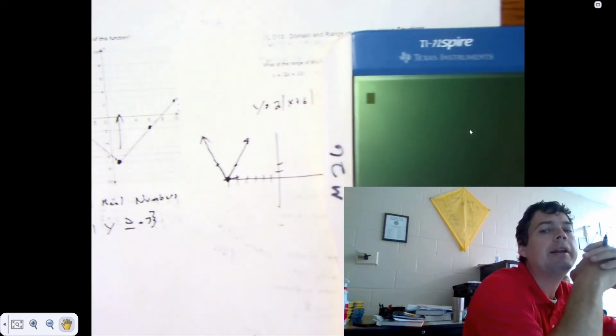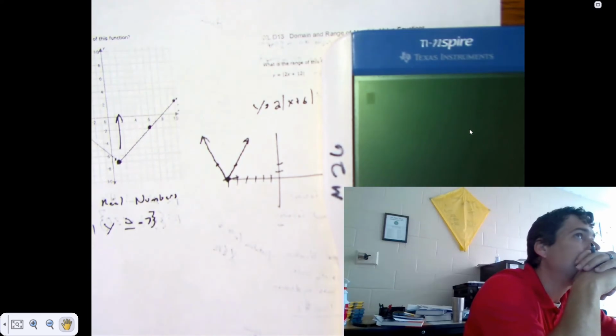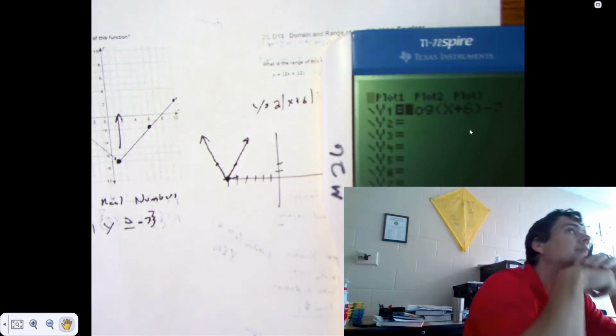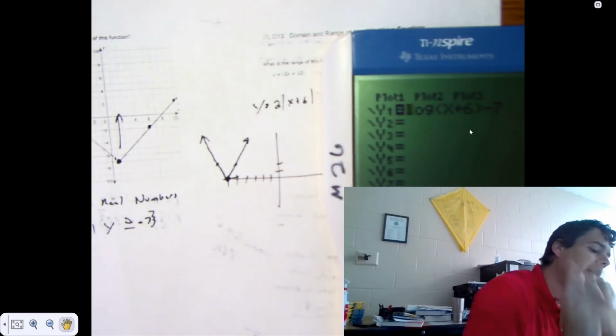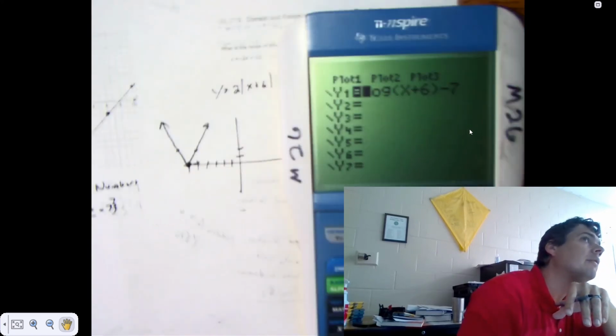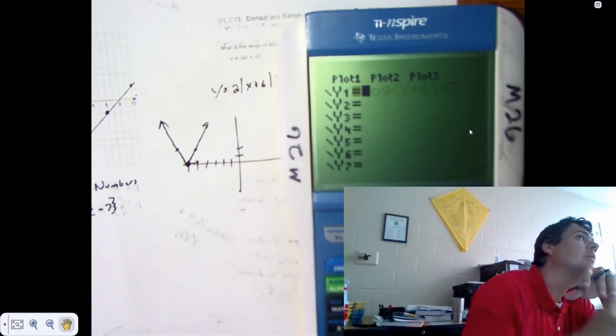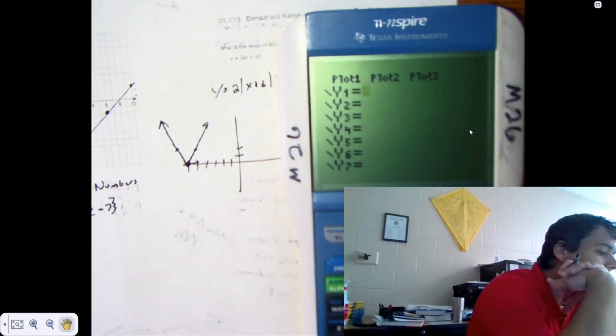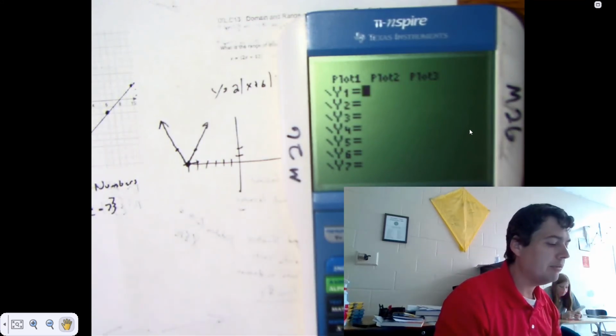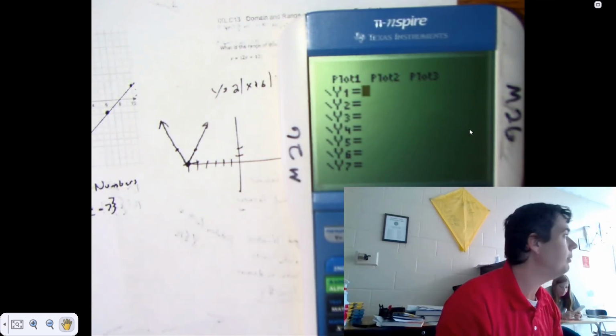Now, do you remember how to actually graph stuff on a calculator? Go to y equals. Anyways, this one has something in here already, so I'm going to hit the clear button. Yours may or may not have something in there, but I cleared it out. Now, the equation starts with the absolute value signs. And if you look at your keypad, you don't actually see absolute value bars. They don't exist on the keypad. All right?